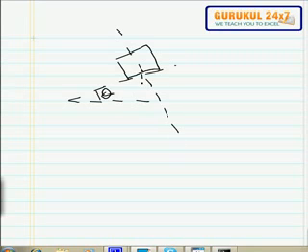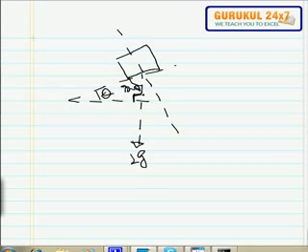This would be the weight. This is 2g. If this angle is theta, this angle is going to be 90 minus theta, because this is 90, so this angle is 90 minus theta.